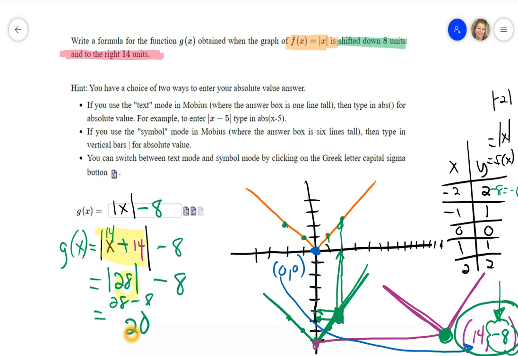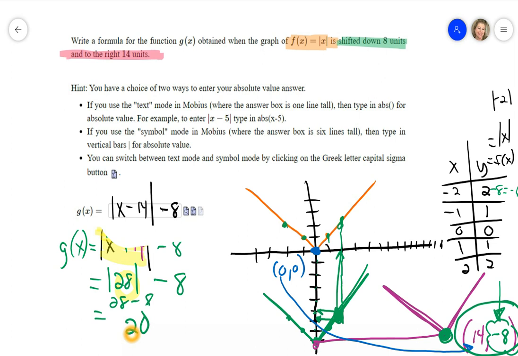So you can't put a plus 14 in there behind the x. It's got to be a minus 14, in order for that to come out to be a 0, so that when you subtract the 8, you get that negative 8 for the y coordinate. So my final answer here has to be the absolute value of x minus 14 and then a minus 8.